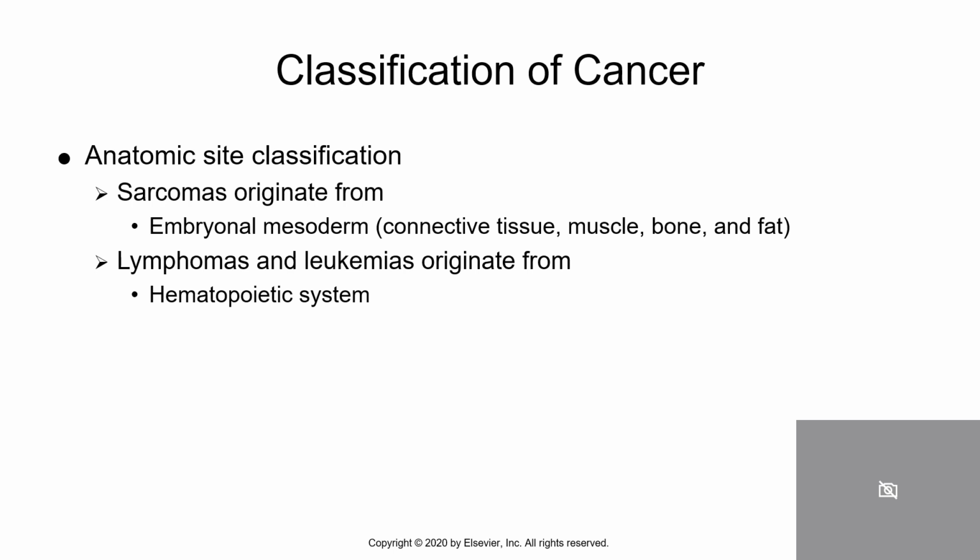Sarcomas originate from embryonal mesoderm, which is the connective tissue, muscle, bone, and fat. Y'all learned about ectoderm, endoderm, and mesoderm in pathophysiology, hopefully, or Bio 168, 169. We also know that there are lymphomas and leukemias that originate from the hematopoietic system. So when we talk about the different anatomic sites, that's what it's referring to.